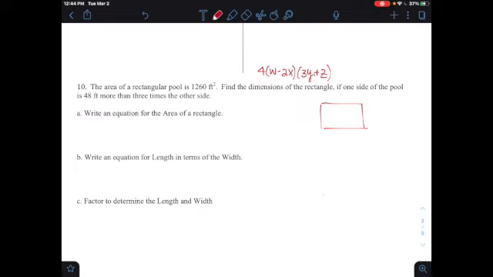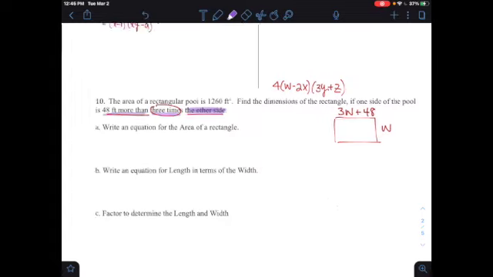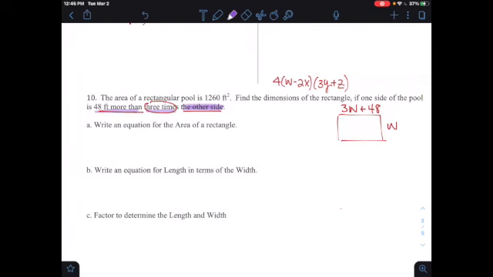So in this case, I'm going to call this W, and the length is going to be 3W plus 48, because if you read backwards, it's 48 more than 3 times the other side. So this is W, and then this is 3 times the W, and then 48, that means 48 plus 3W.